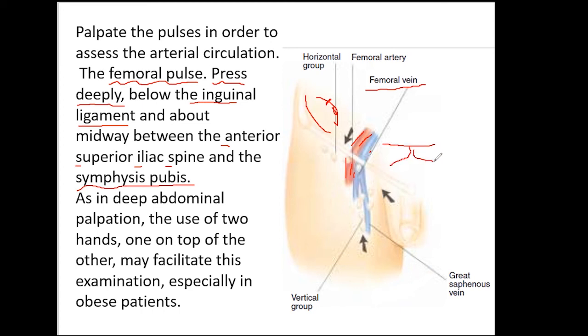Both should be like this. About halfway between here and here. ASIS and symphysis pubis. So this connected part here. So that's basically it.